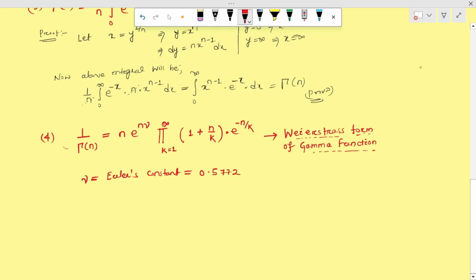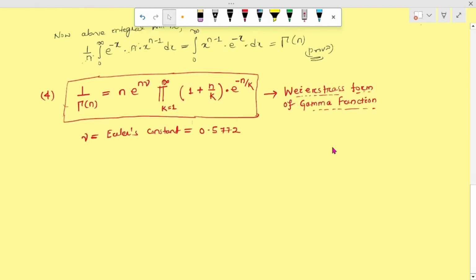This Weierstrass form of the gamma function can be proved with the help of the infinite limit of Euler's form, which is another representation of the gamma function.